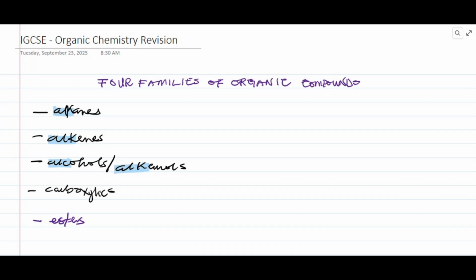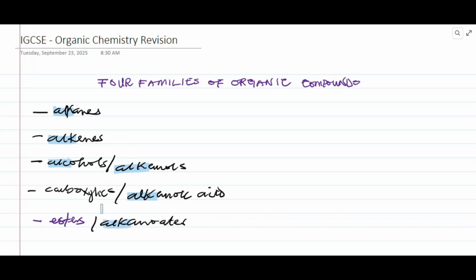Carboxylic acids have another name that is called alkanoic acids. So we have that alk in that as well. Esters are also called alkanoates, and you can see that we have alk in that as well.